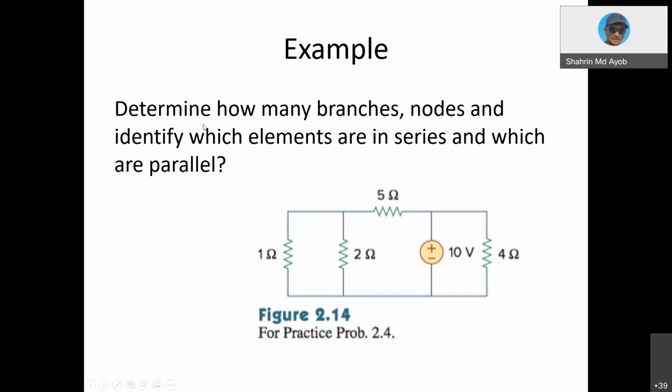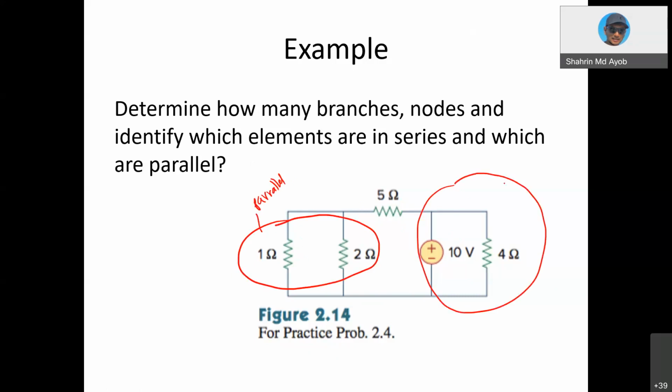So I think determining how many branches is very straightforward. Which elements are in series and in parallel? As you can see, these are parallel. This one is also parallel, meaning that the voltage across the 4 ohm is also 10 volt.